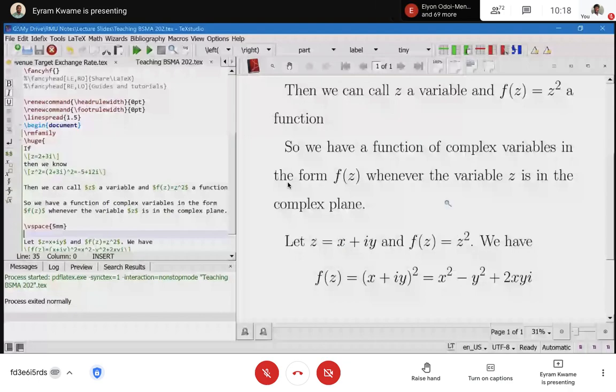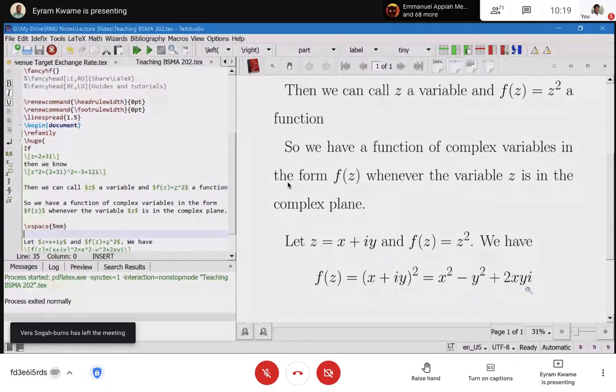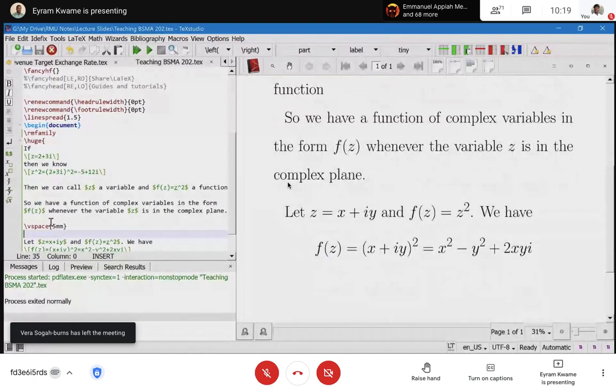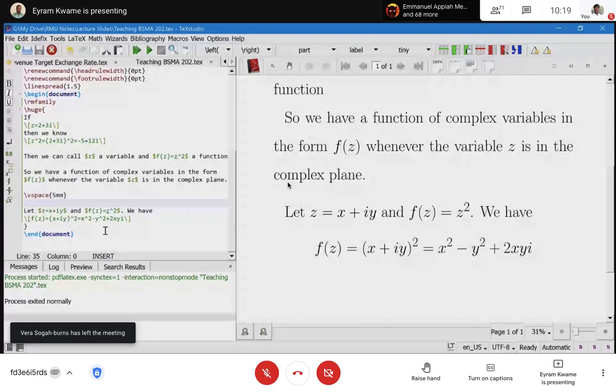I now have a relationship between x plus iy and the function, I can get x squared minus y squared plus 2xy i. This clearly can be written as what?